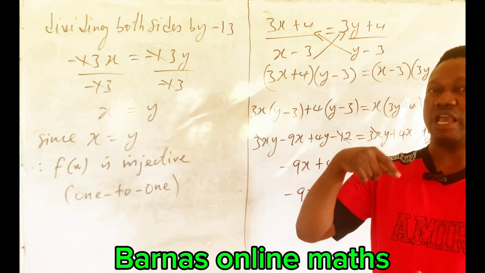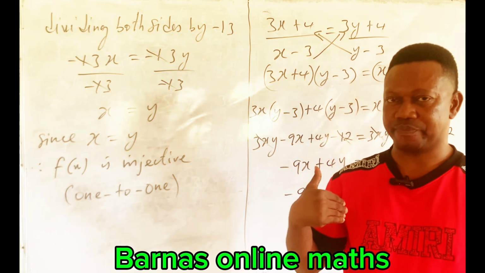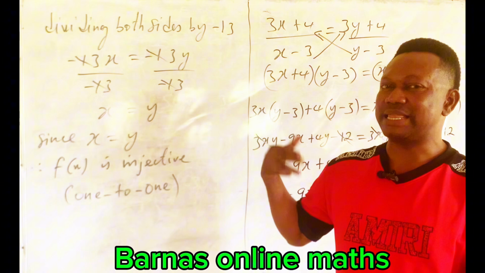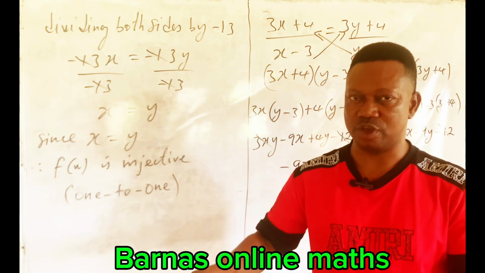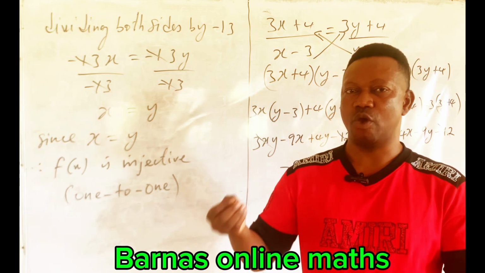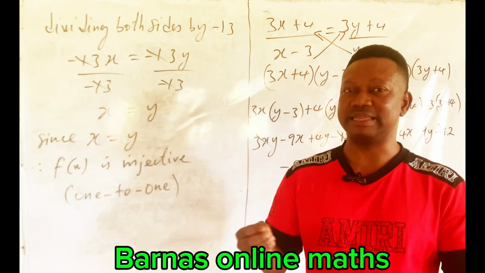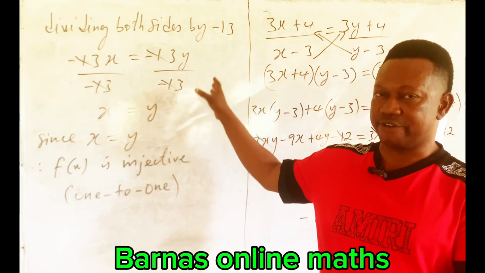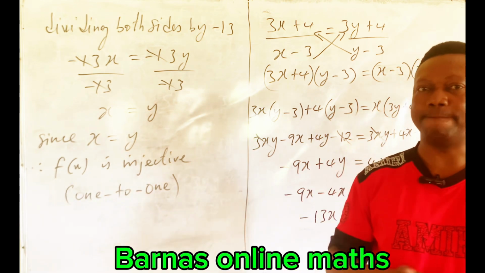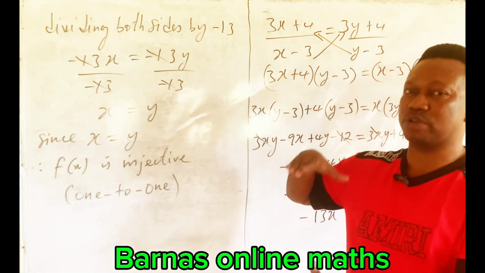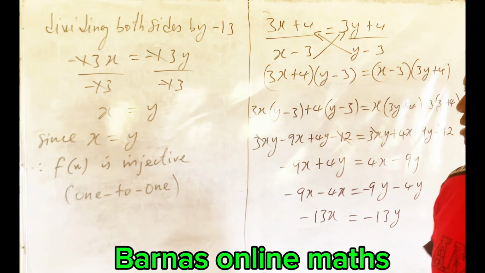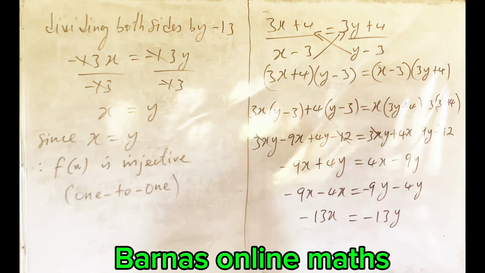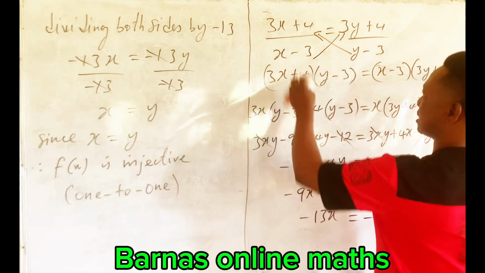The next is for us to check or prove that the same function is also surjective. So if it is surjective, we now draw the conclusion that the given function is bijective since it is both injective and surjective. Okay, let's clean up here.